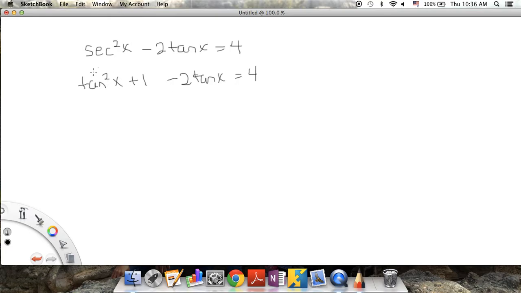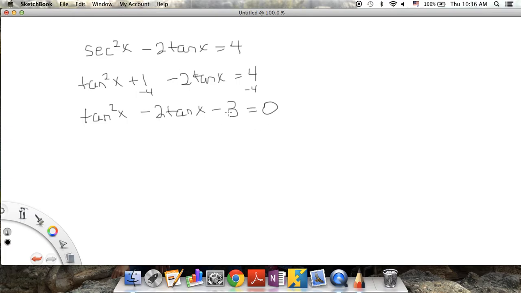Now if you notice, you've got a squared here, and to the first power, and a constant. That should look familiar, and you think, that's kind of like a polynomial. So let's try to get it arranged like that. We're going to subtract this 4 over here so that we end up with everything on one side and equal to 0.